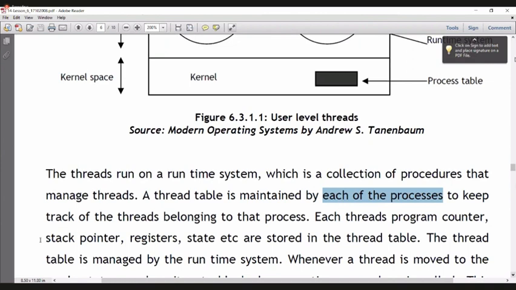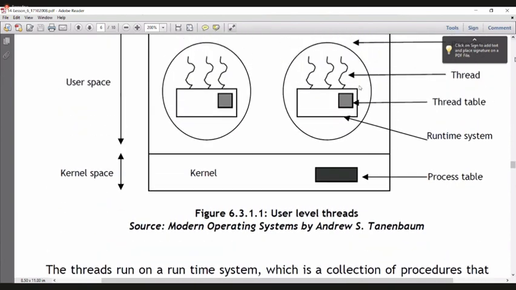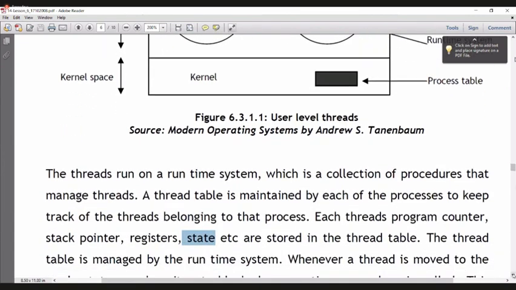Then the stack pointer, registers, and also the state, whether running or blocked, are stored in the thread table. Where is the thread table? It is in the process, not in the kernel. In the thread table, you keep information about each thread.